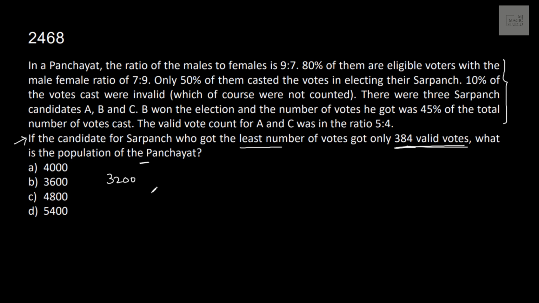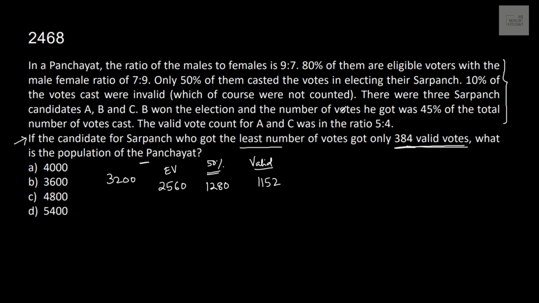If the population of panchayat is 3200, 80% are eligible voters, that is 2560, out of which only 50% of them have casted their vote, that is 1280, out of which 10% votes were invalid. So valid votes casted were 1280 into 90%, that is 1152.